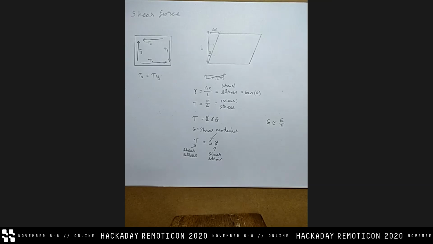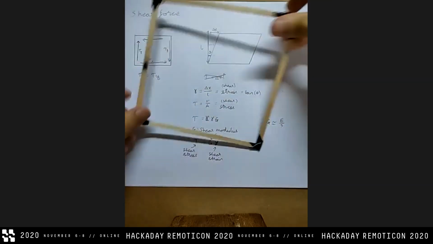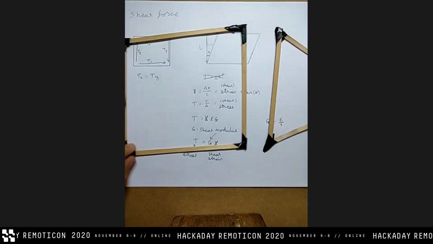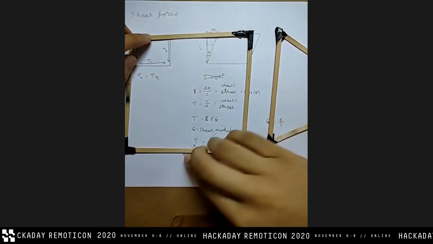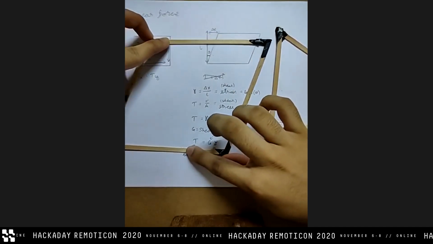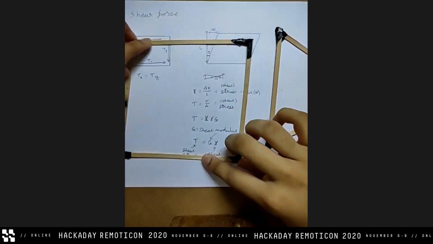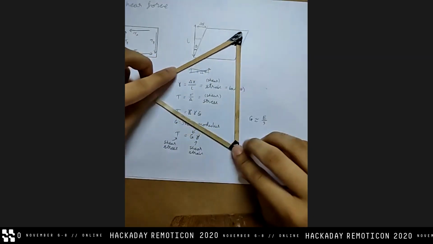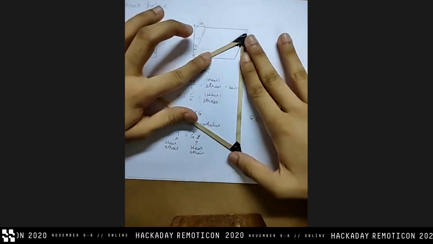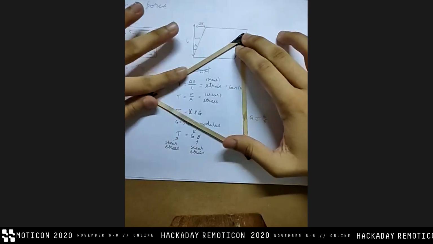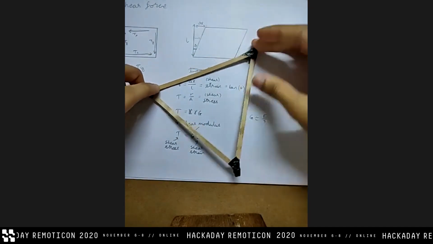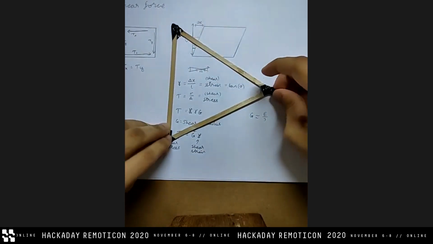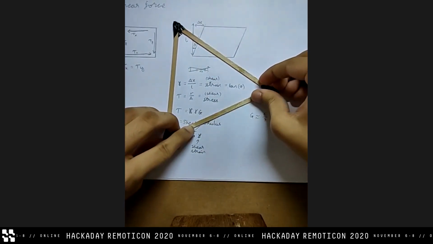And now we can actually go back to this example over here. What I'm doing here is applying a load parallel to this face, which allows it to get sheared. Over here, if I'm applying a load parallel to this face, that ends up being normal in another sense. So you really can't effectively apply shear forces here.